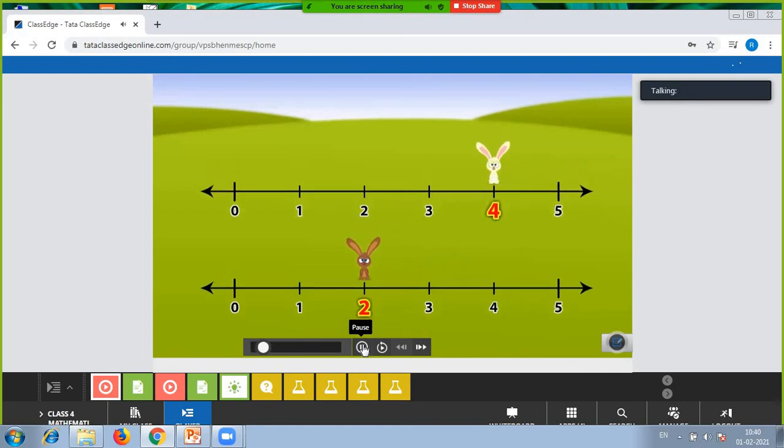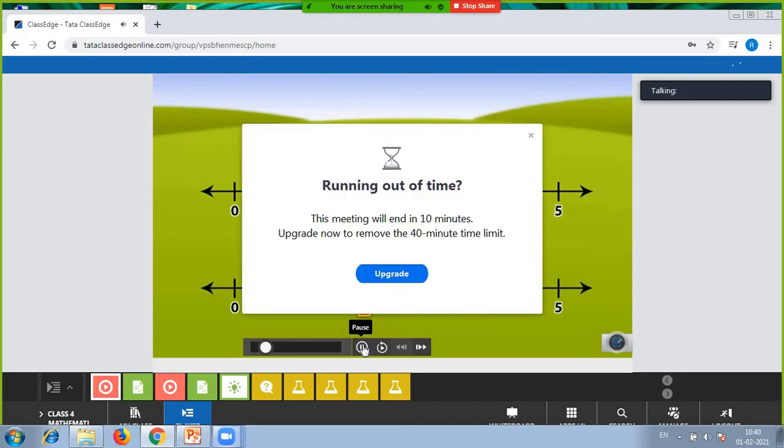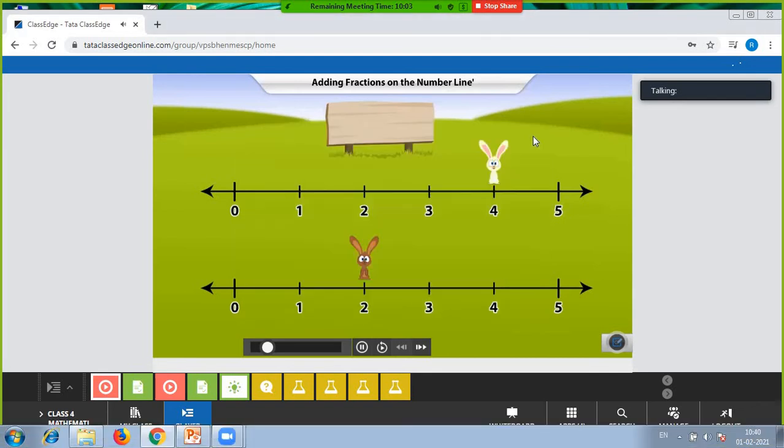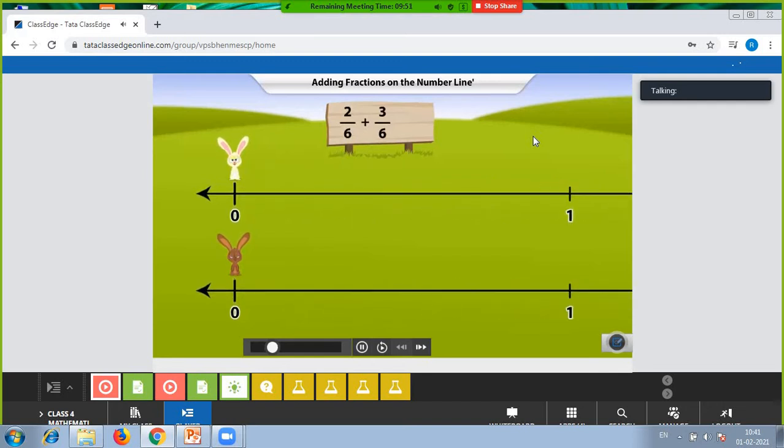In this lesson, we will learn how to add and subtract fractions on the number line. Let's first understand addition of fractions with the help of this example. We start by locating the given fractions on the number line. Raghu and Hari are going to help us do that.